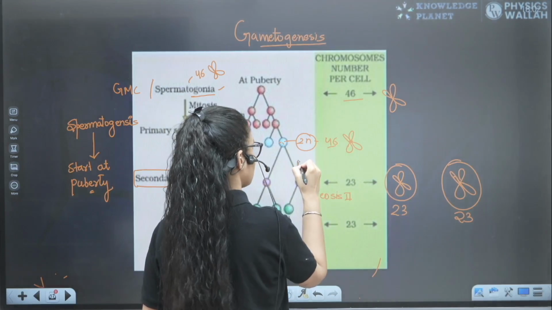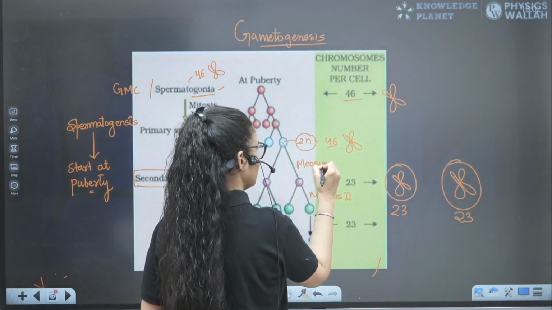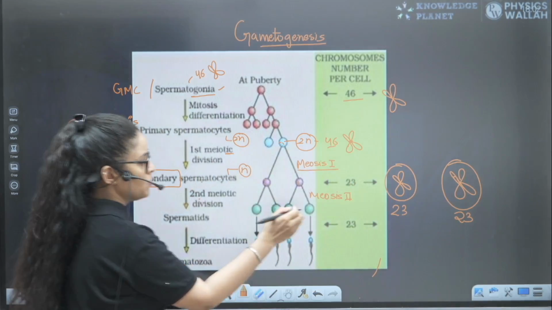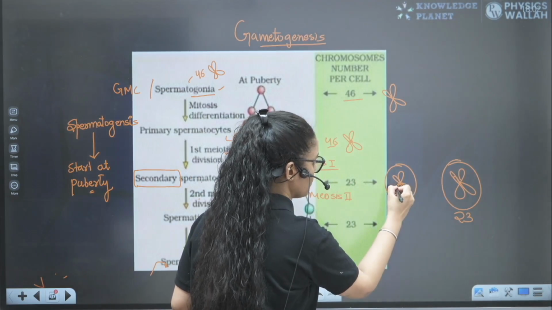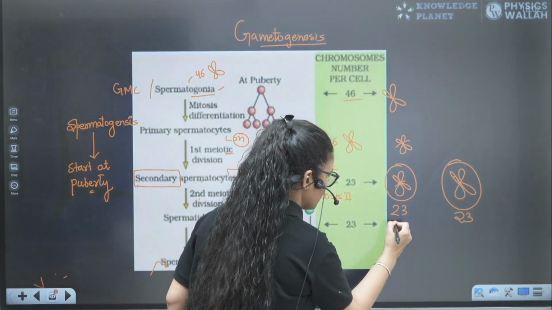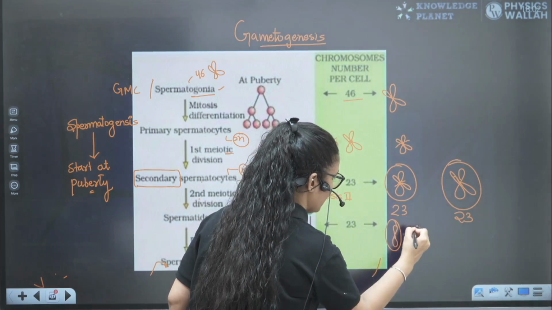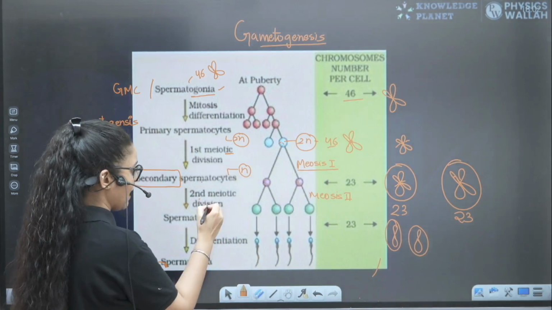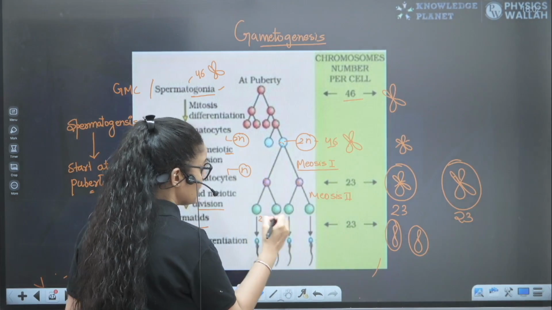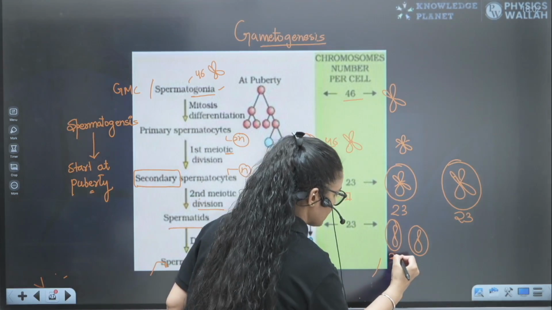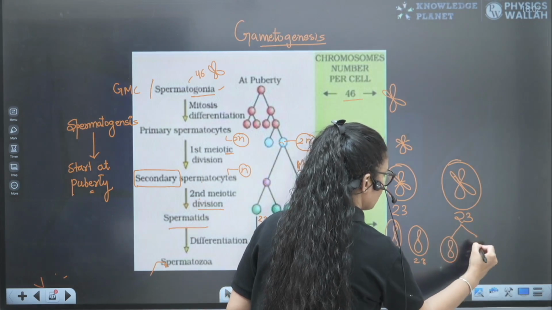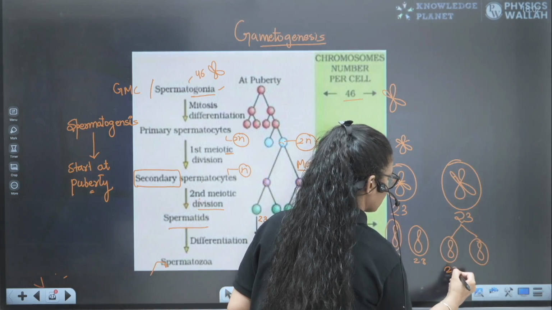During meiosis 1, chromosomes get separated, and during meiosis 2, chromatids get separated. One chromosome has two arms, and now they will get separated. So 23 chromatids will go in one cell and 23 in the other after meiosis 2. The other secondary cell also divides to form two cells, each having 23 chromatids.